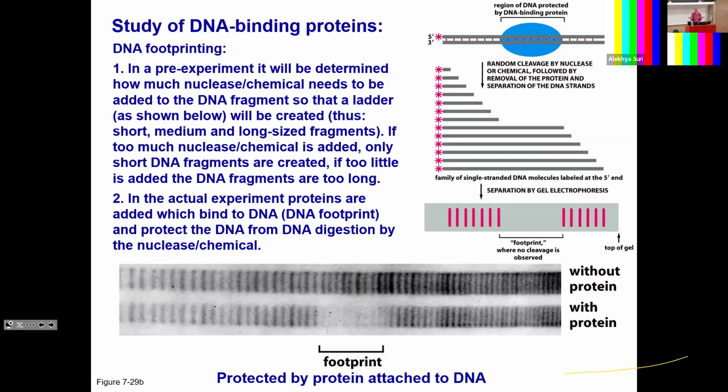You don't want that. Or if there's too little nuclease, you would make nicks or breaks only once in a while. This is also not what you want. You want breaks at every single nucleotide, so you would create a ladder of different sized DNA fragments.